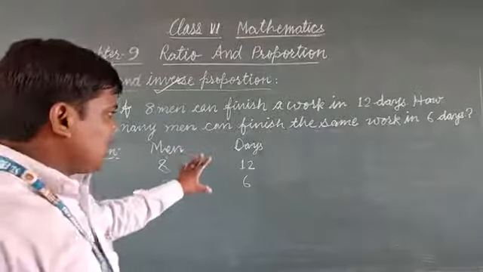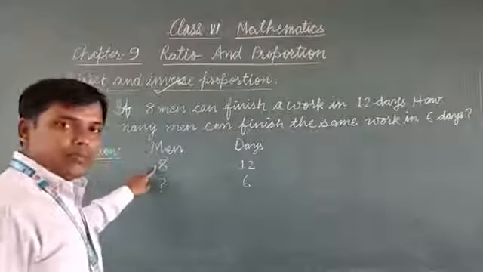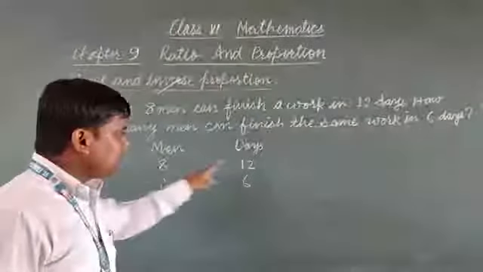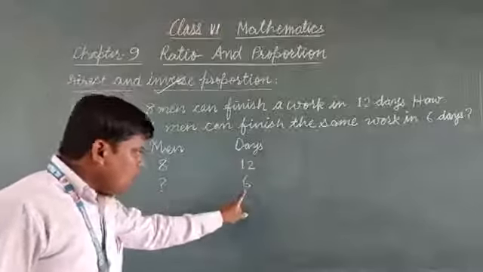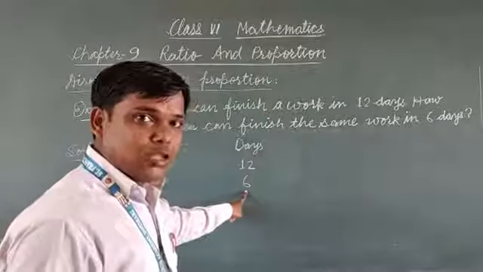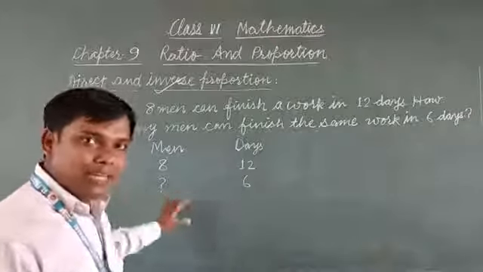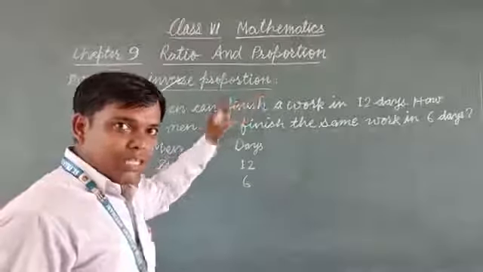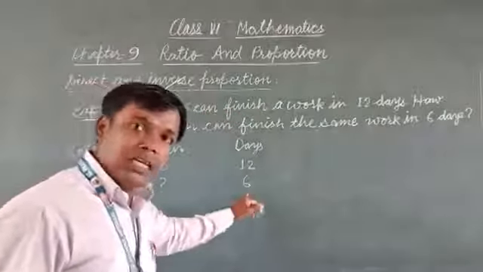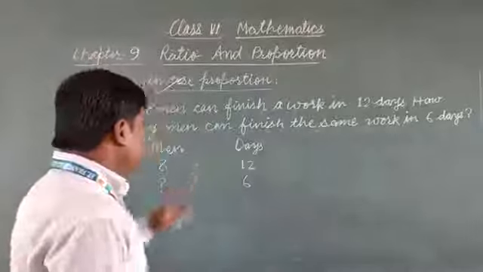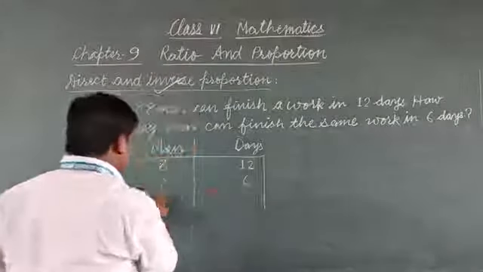From here, you can say directly that when we had 8 men, they were completing the work in 12 days, and now the work is going to be completed in 6 days. So will the number of men be increased or decreased? Surely the number of men will be increased. It means if we have more men, they can finish the work in fewer days. So this is the case of an inverse variation.